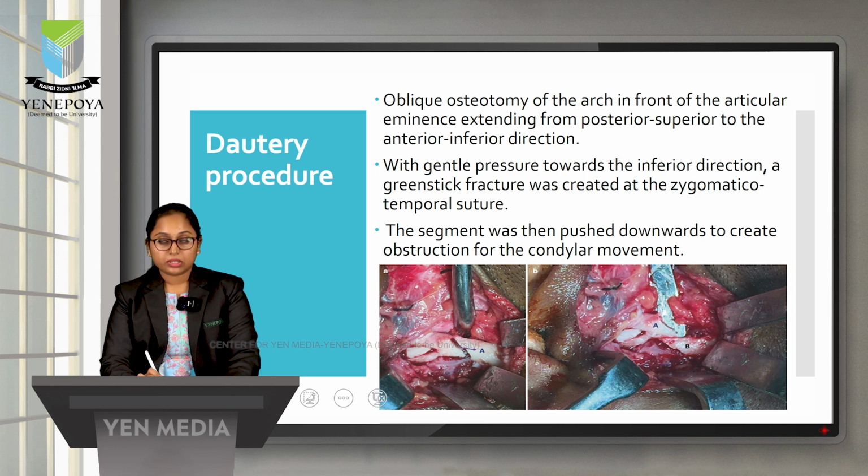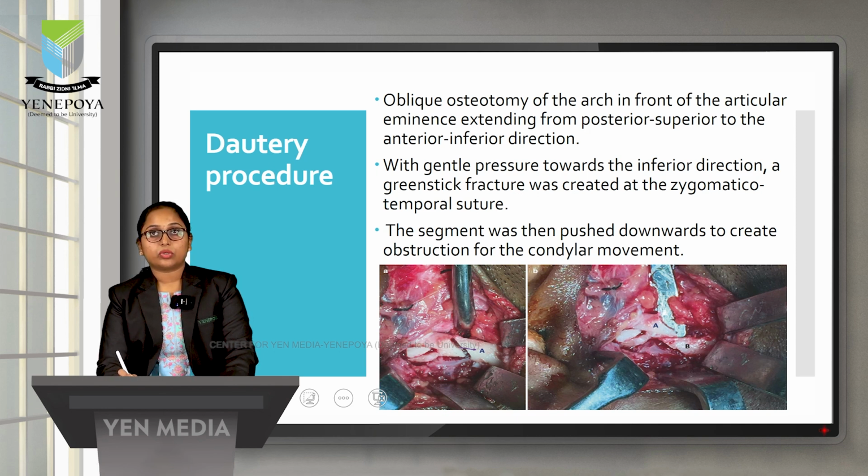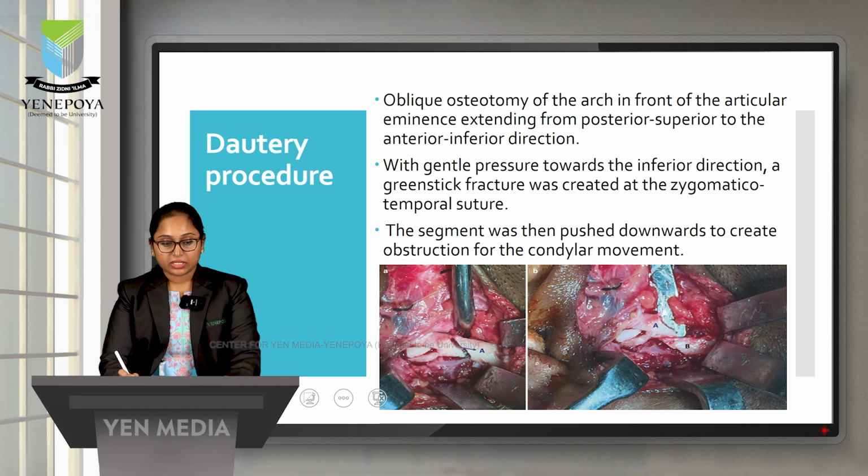With gentle pressure given from the upward direction, it fractures at the zygomatico-temporal suture. A green stick fracture is created, so that the segment is pushed downwards to create the obstruction for the condylar movement. As the segment is below here, the condyle which is present here won't be able to translate and go forward beyond this obstructed area.